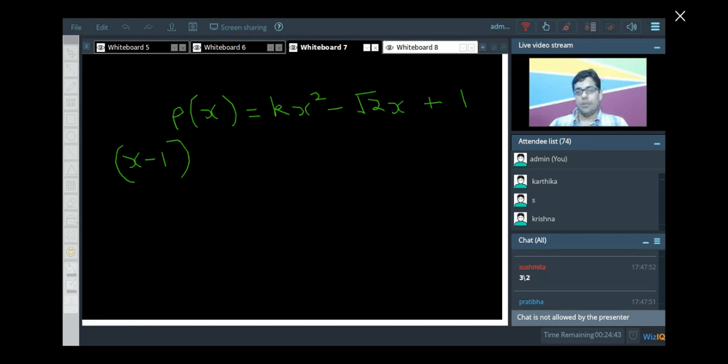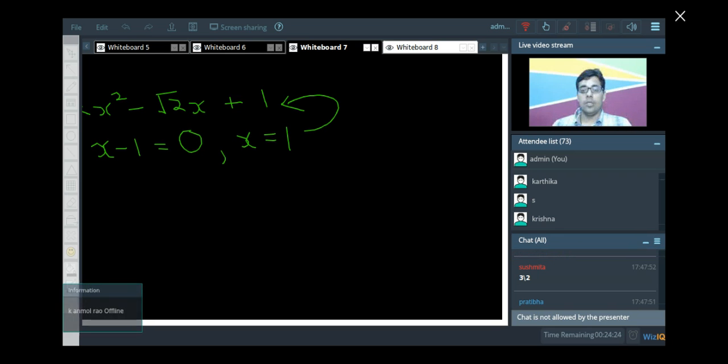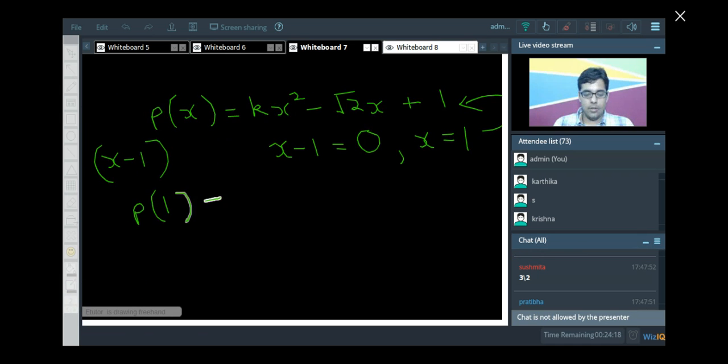So x minus 1, putting here x minus 1 as 0, from here we will get the value of x as 1, and then putting this value of x in this given polynomial, the remainder becomes 0 by the factor theorem. So we will get here the remainder as p of 1, it would become 0.